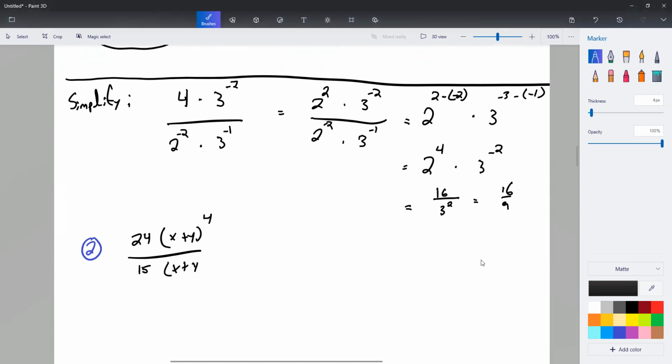Okay, so 24 divided by 15. First thing I'm spotting, they both have a 3 in common. So for numbers at least, this is going to be 8 over 5. They both had a 3 in common, and we took those out.